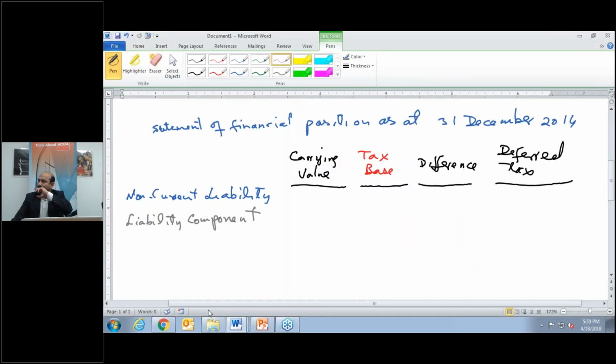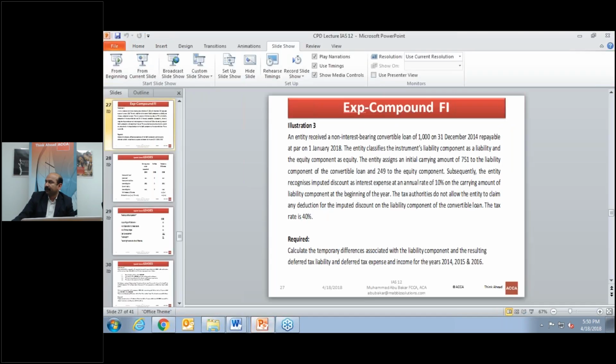And this is now the carrying value, 751. It is from here. This is 751, and this convertible loan was issued on 31st December 2014.